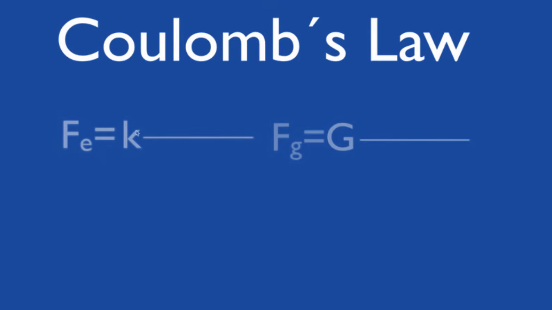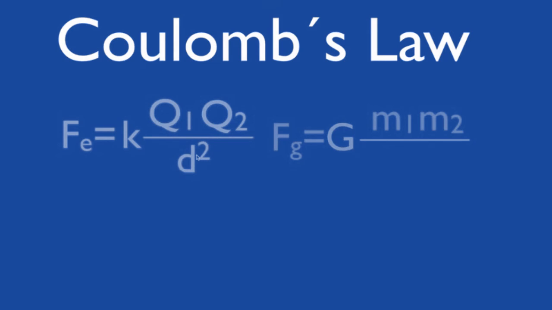Alright, so then we are going to do some division, and of course we just said it is the charge of one times the charge of the other. Now gravity acts on two objects that have mass, so in this case it is going to be the mass of one times the mass of the other, and then divided by the square of the distance.